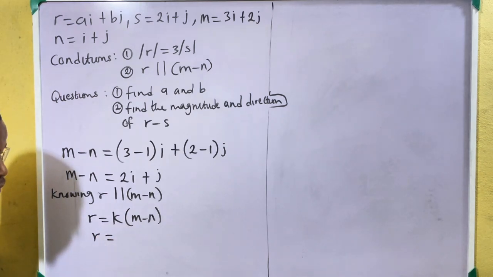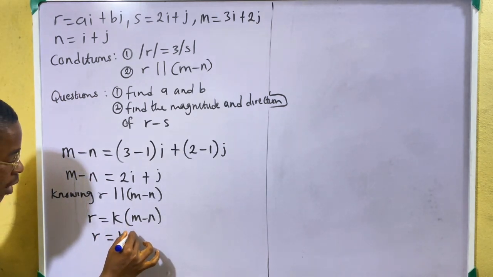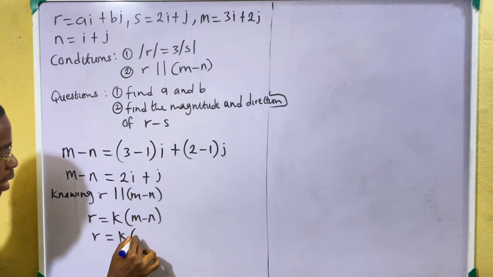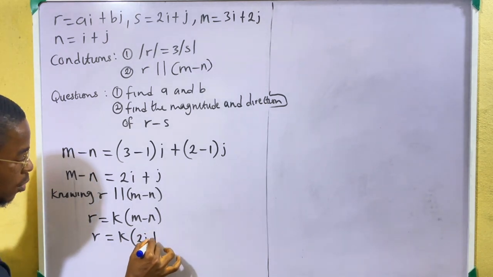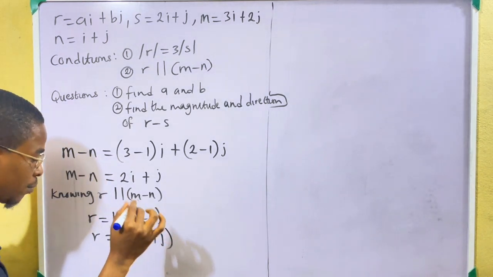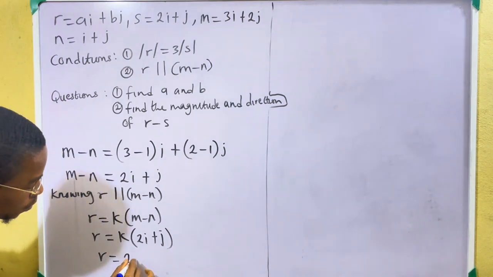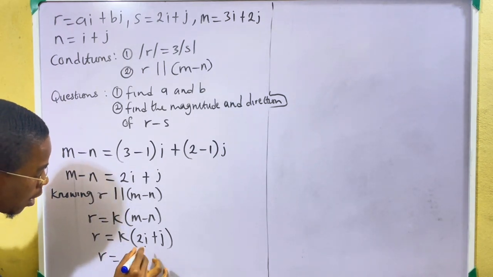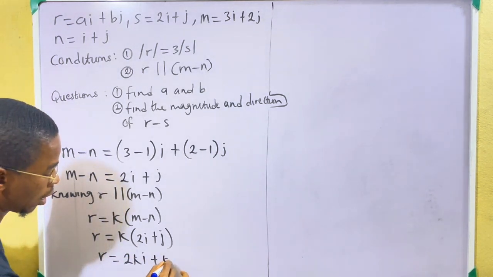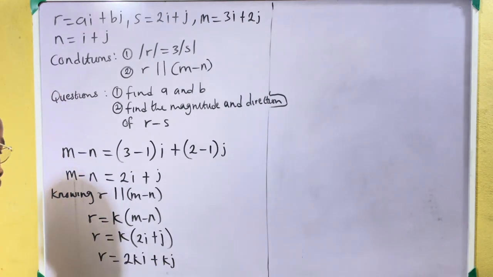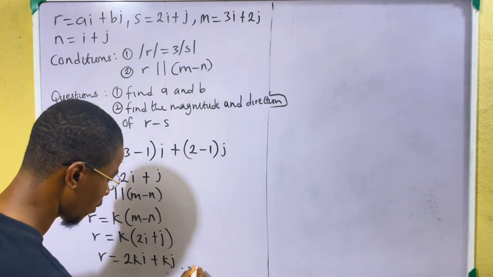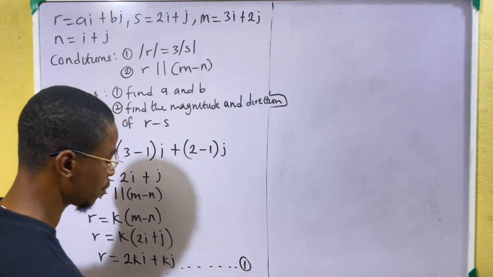So r equal to the value of k multiplying what was our m minus n, that's 2i plus j. So finally r equal to 2ki plus kj. Let me call this equation 1.